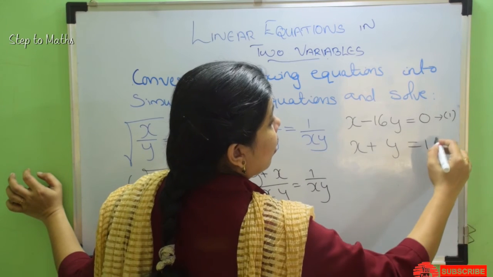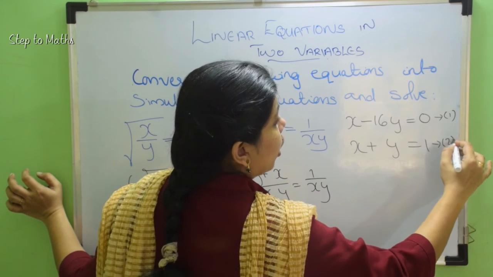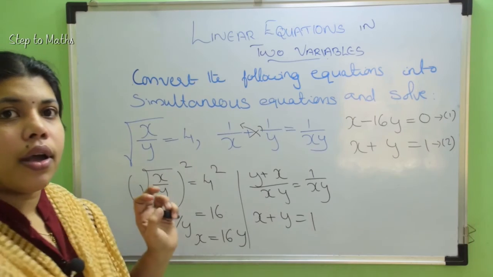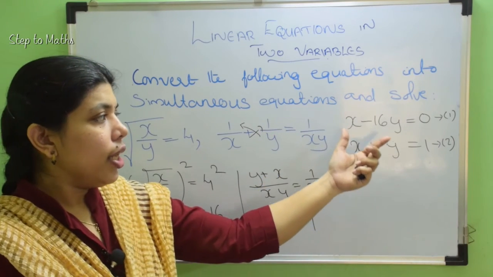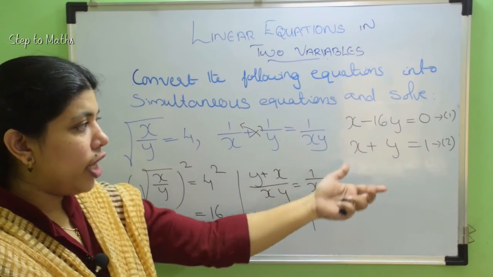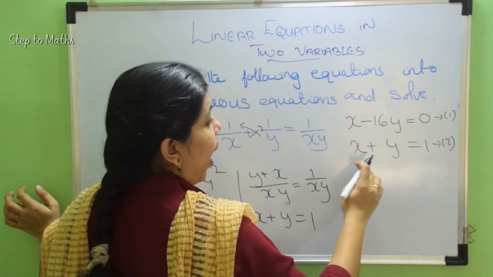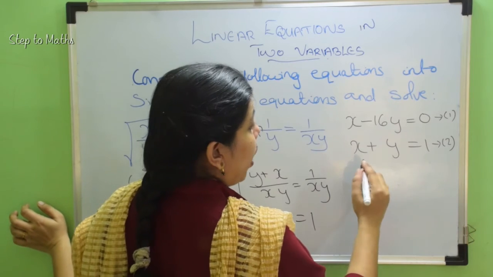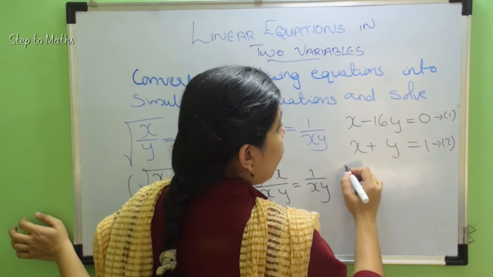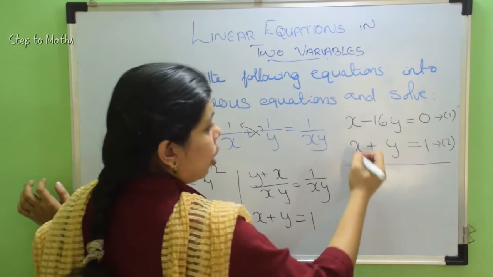Now we get two equations in the general form of a linear equation: x minus 16y equal to 0 and x plus y is equal to 1. Now solve these equations.